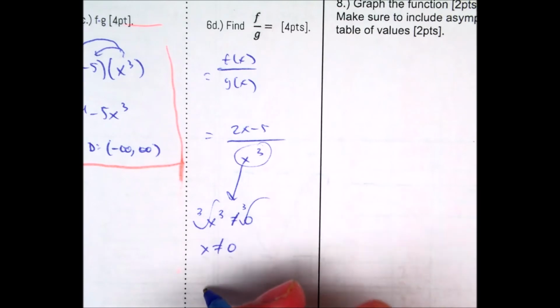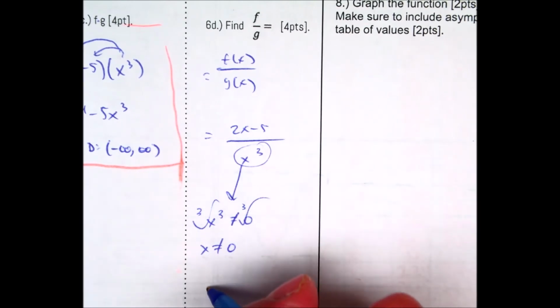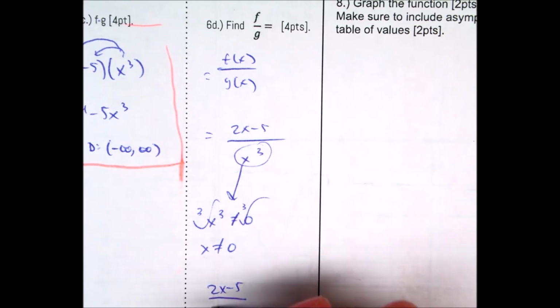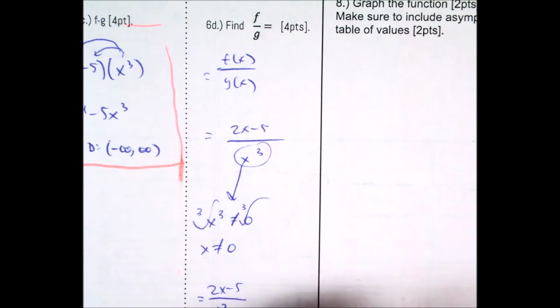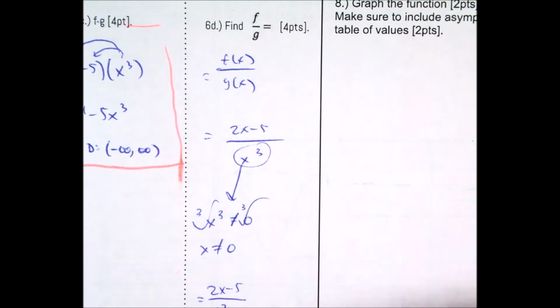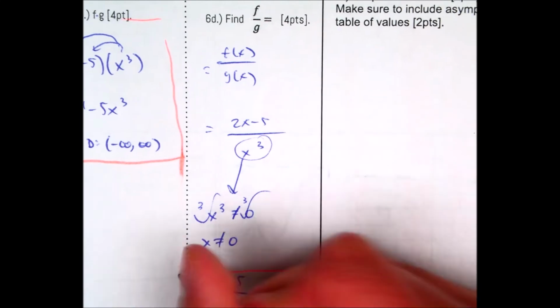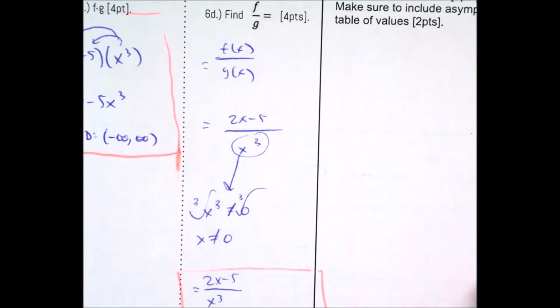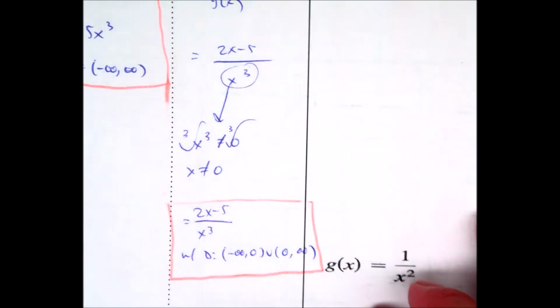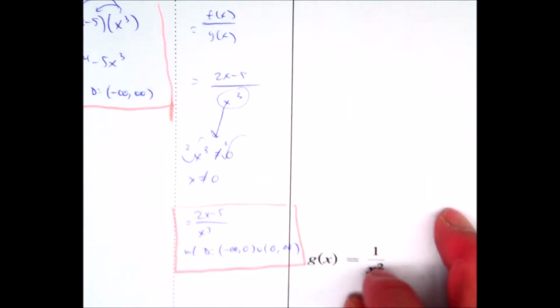So when we're writing our domain, f divided by g is 2x minus 5 over x to the third with a domain of negative infinity to 0 union 0 to infinity. Basically that's just a fancy way of saying you can pick any value except for 0. So that's our answer. Let's move on to question number 7.